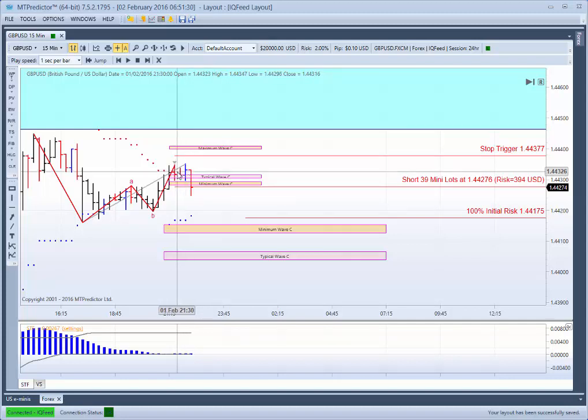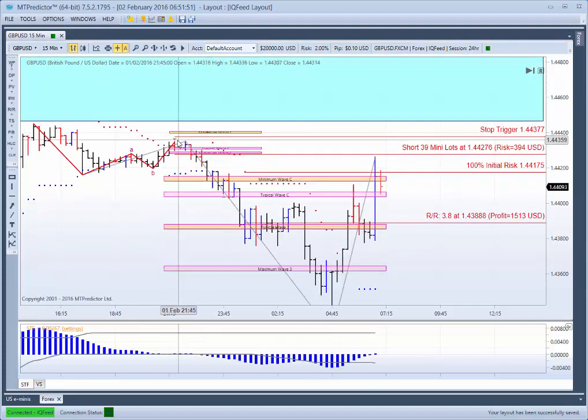So if you're looking at just pips, they were a double top. If you're looking at tenths, it was 3/10 above. So very, very minor. But the point being is it hadn't gone beyond the stop trigger. So it hadn't hit the stop trigger before entering the short trade. So you're now short. Let's turn training mode off and see what happened.